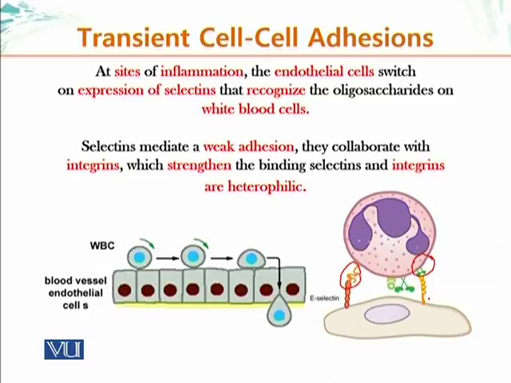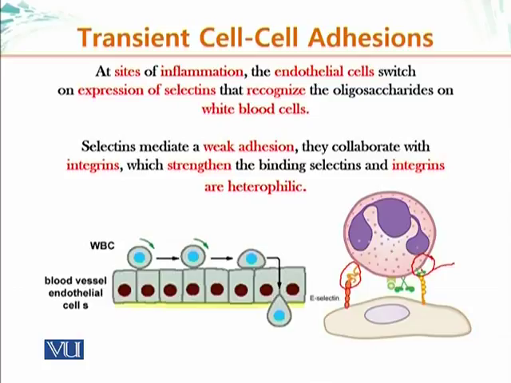So our white blood cell will no longer be able to move on the surface of endothelial cells. It is bound there. It is a much stronger interaction, and we'll talk about it later on. It is mediated by another type of sticky molecule called integrins.